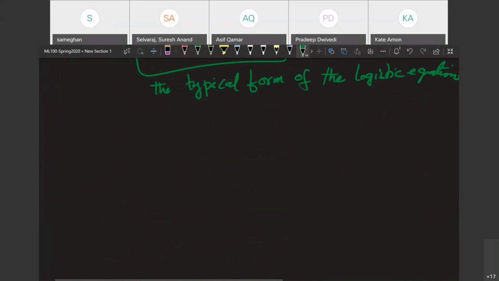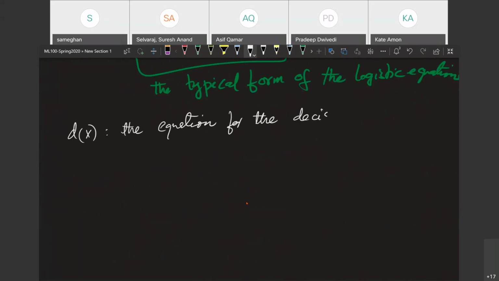Decision boundary, let me write it now. D of x, i.e. the equation for the decision boundary, represents a straight line or hyperplane.